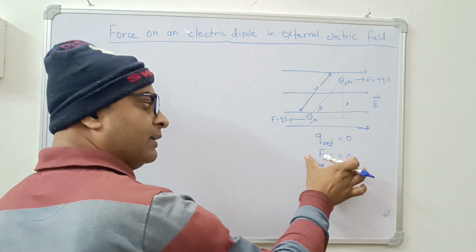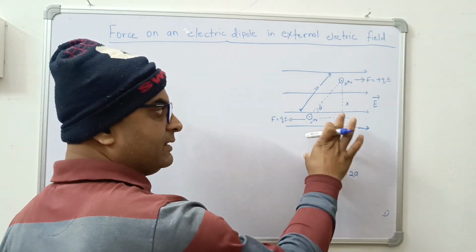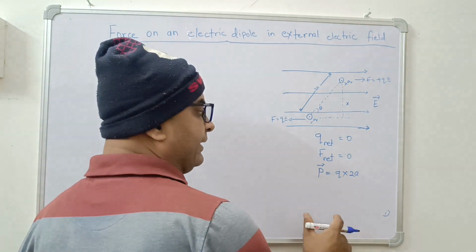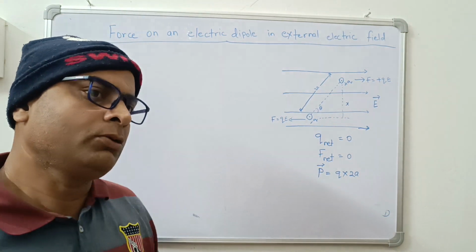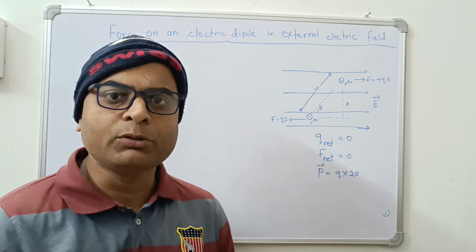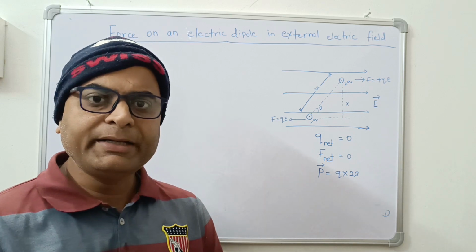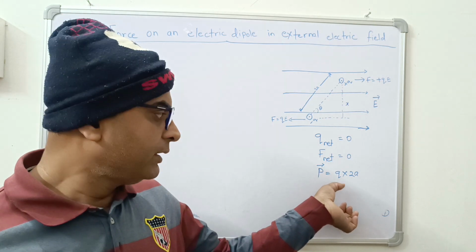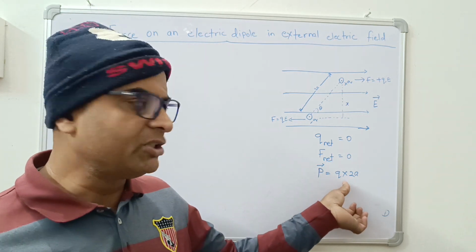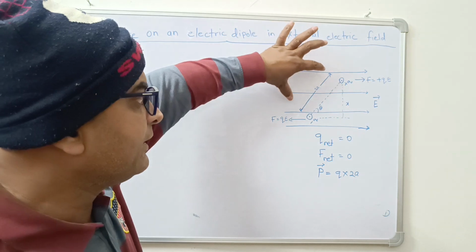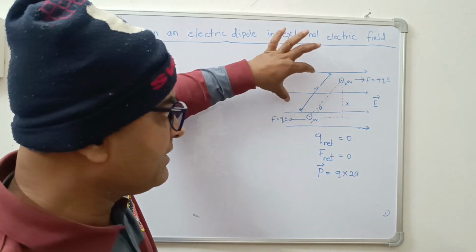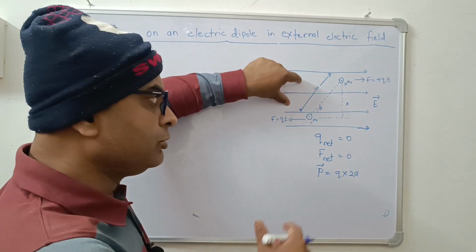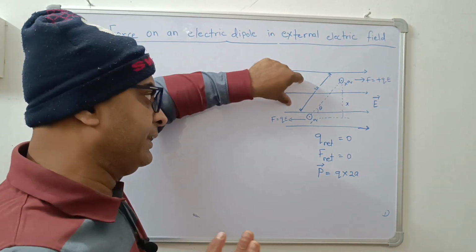So total net force acting on this dipole will be 0. As you already know, electric dipole moment is nothing but q, any charge, and the distance between them. Between this dipole, the total distance between the two charges is 2a.